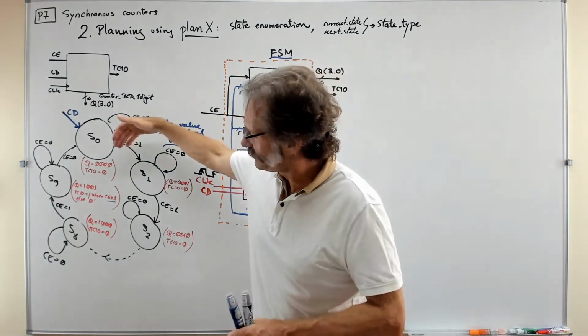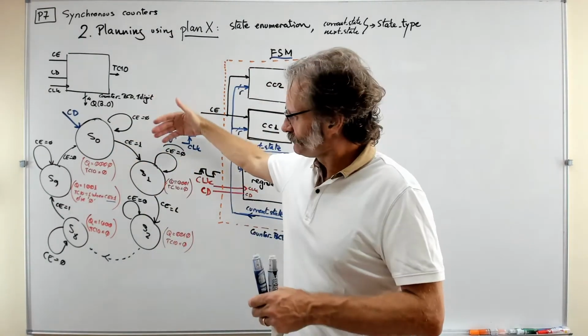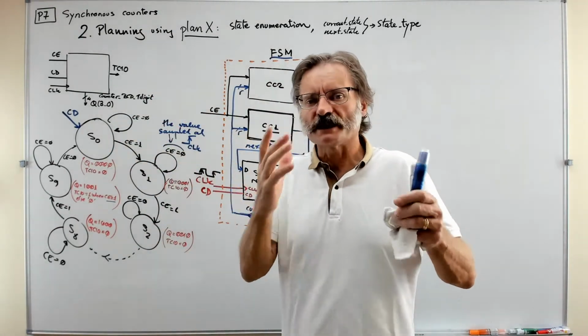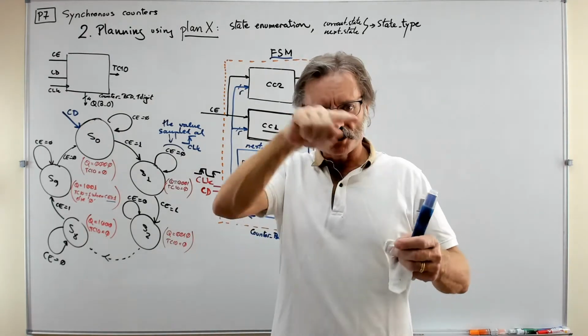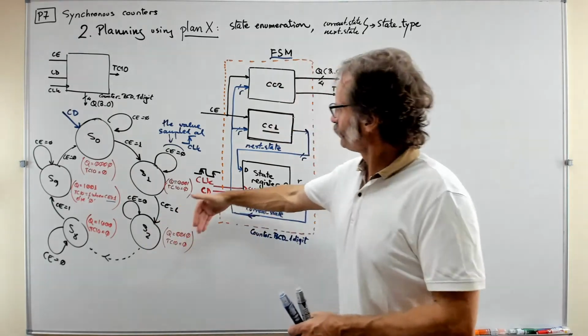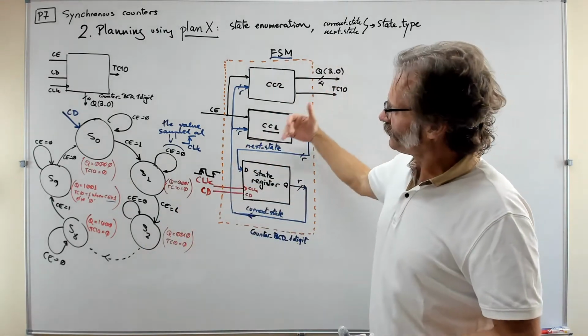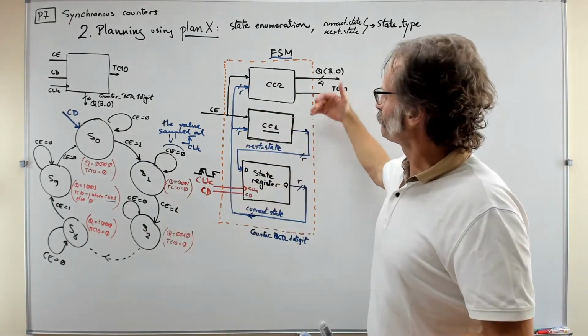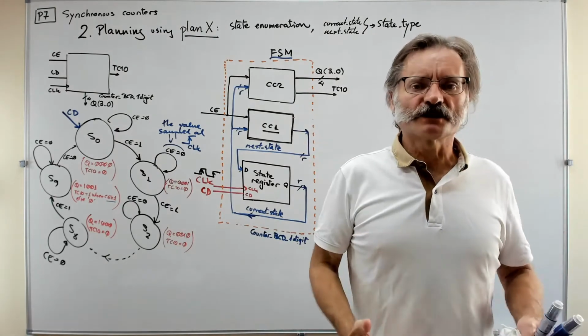Other examples generate similar state diagrams controlled by inputs or by conditions depending on the clock only. So when you've got that, you can go to the next step, transferring this state diagram by means of a finite state machine into a circuit.